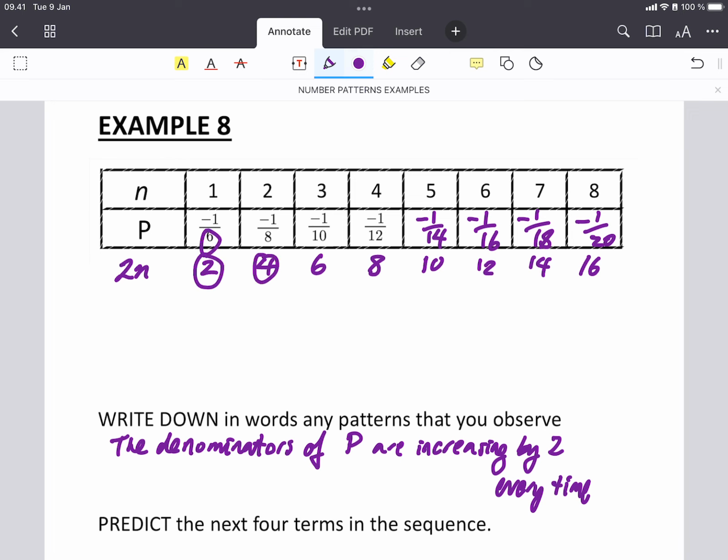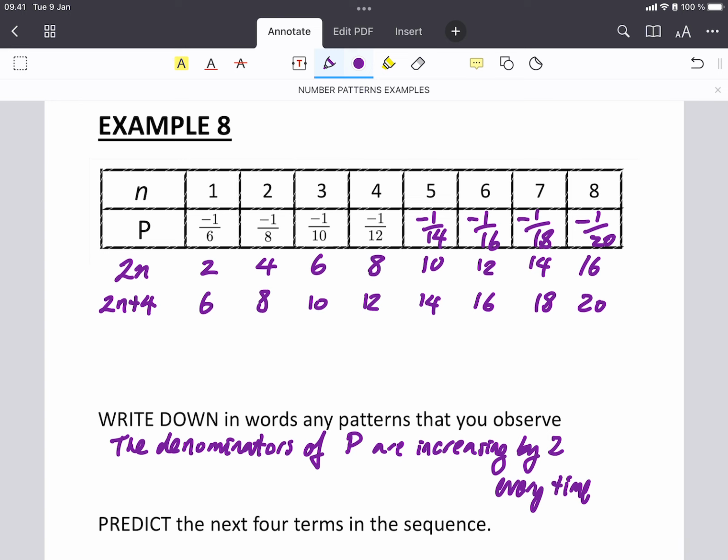When we get a 4, the denominator is 8. When we get a 6, the denominator is 10. So hopefully you can see that we need to add 4 to all of those. So 2n plus 4. And then we'd get numbers that are the same as the denominators of those fractions.